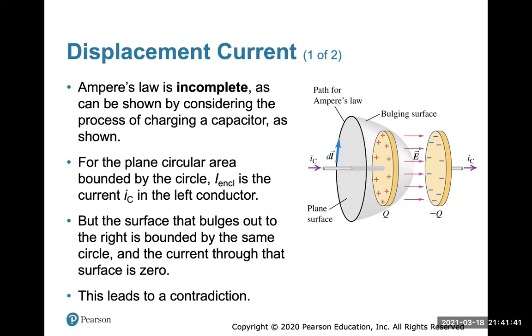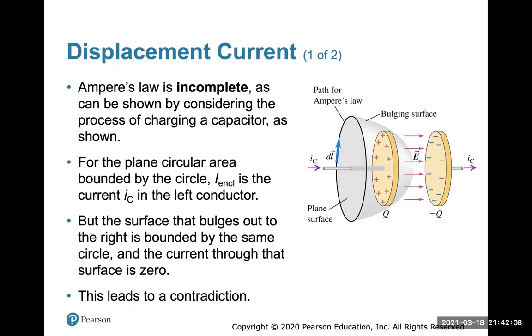This is what Maxwell realized. This is a contradiction. This is inconsistent. We can't have it both ways. And our hands are really tied as far as this planar surface. The wire is definitely passing through it.